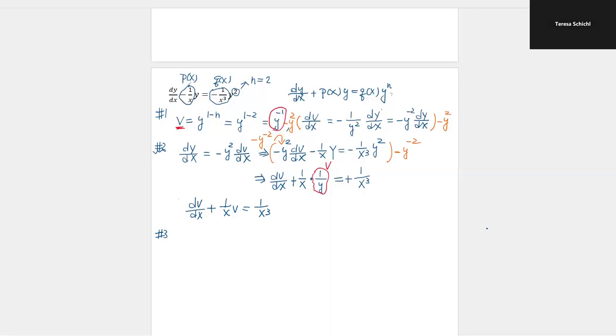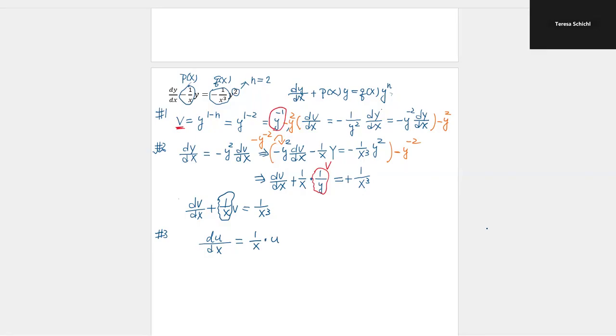Okay, after we do that, then we define the new variable du/dx. du/dx is going to be equal to my new p(x), right? So it will be equal to 1 over x, right? Times what?